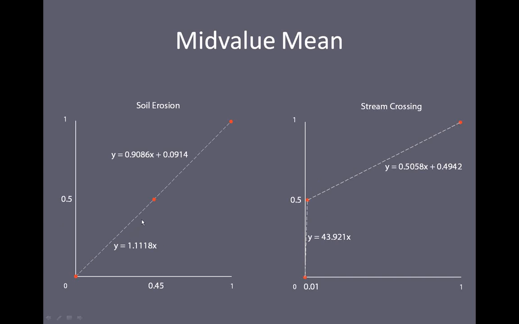Instead of trying to find a type of equation that can fit these points, we decided to just do straight lines between each segment. We only decided that after some guessing and checking and looking at different lines. The real problem was that soil erosion was not difficult to fit. We could find a line that could work with it, but for stream crossings there weren't any options that we found viable.